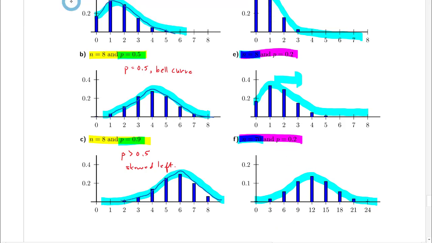So what does this mean? This means that despite the probability of success, as n gets larger, the distribution becomes more bell-shaped, or a bell curve.